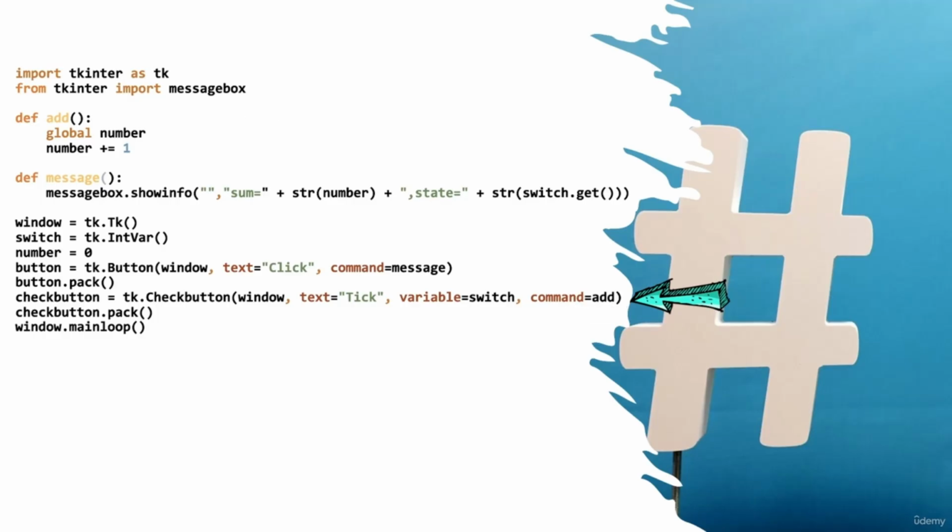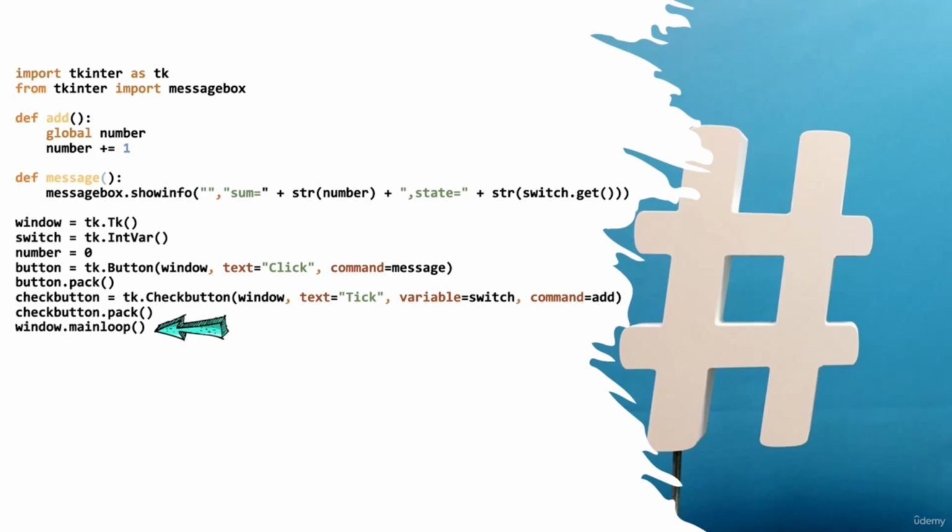So when we press on the click button, our callback will display the showinfo message containing the number variable value which we have increased with each click, as well as the current state of our Checkbutton widget, which we are able to get with the help of the get method.